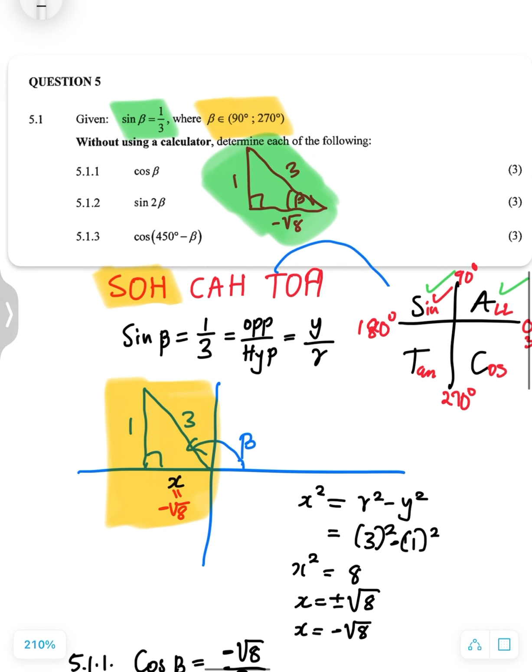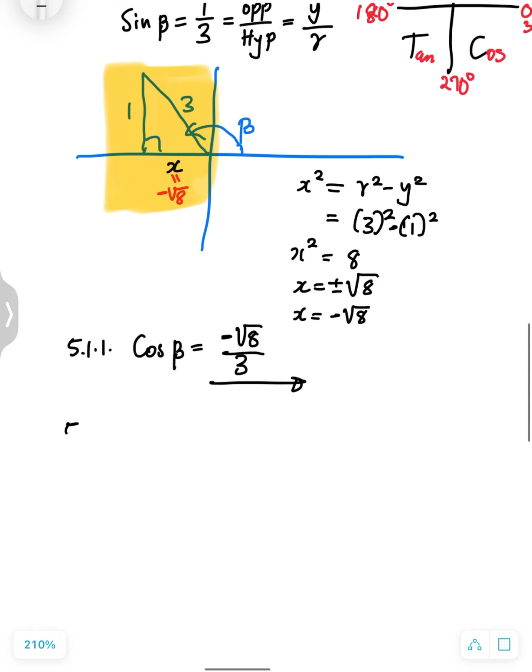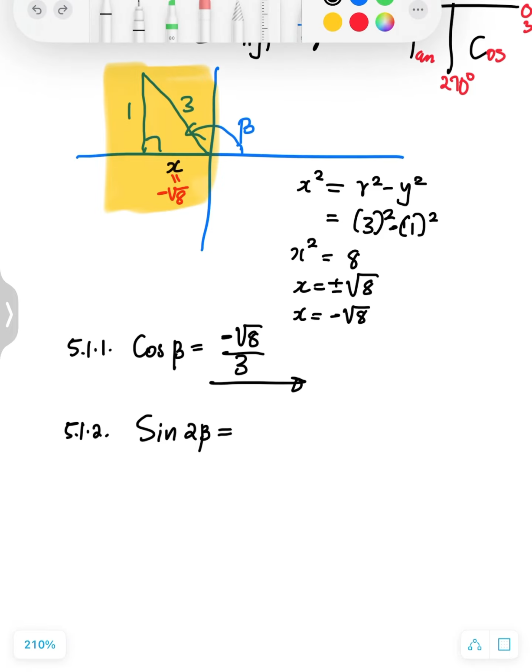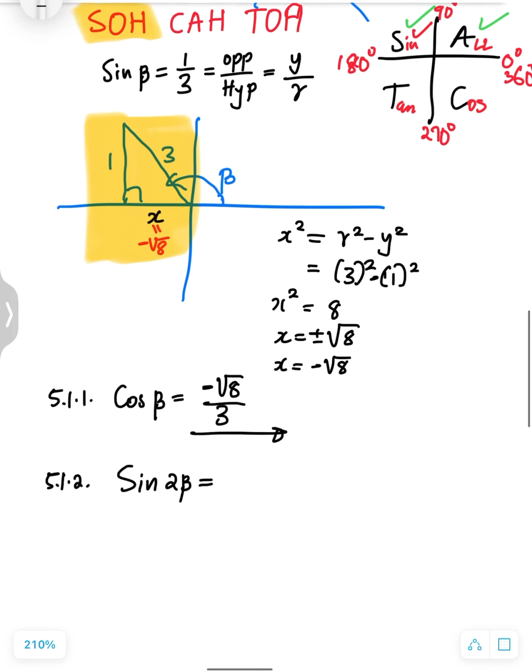And then 5.1.2 is sine 2 beta. We don't have 2 beta in our diagram, we only have beta.